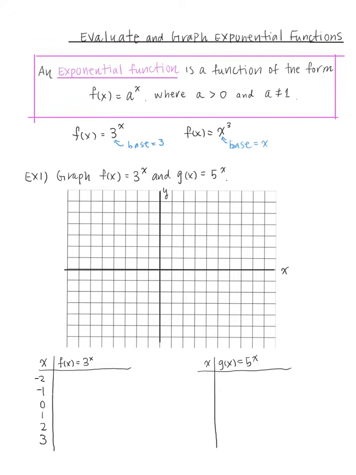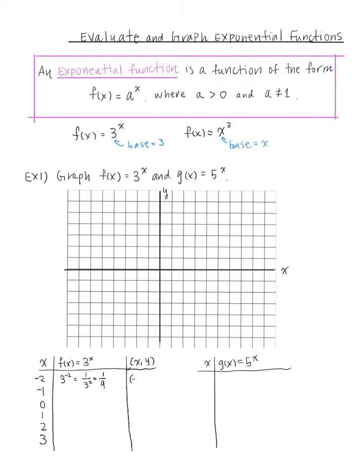Now we're going to compute the corresponding y values. When x equals -2, f of x is 3 to the -2. Remember, 3 to the -2 is the same thing as 1/3 squared, which gives us 1/9. Let me extend the chart a little bit, and we'll go with x comma y.